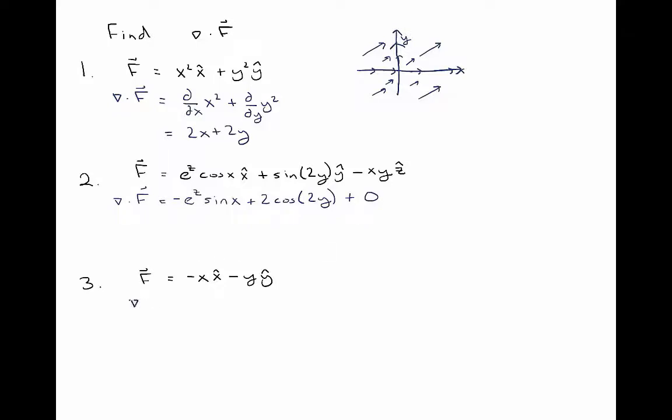Okay, last one. Alright, the derivative of minus x with respect to x is minus 1. The derivative of minus y with respect to y, minus 1. This is always minus 2. So look at a picture.